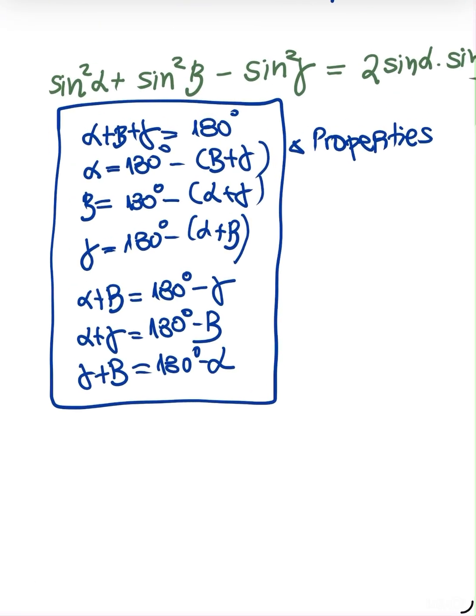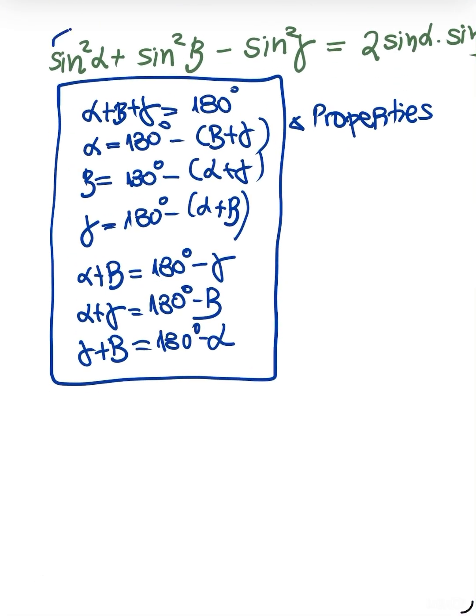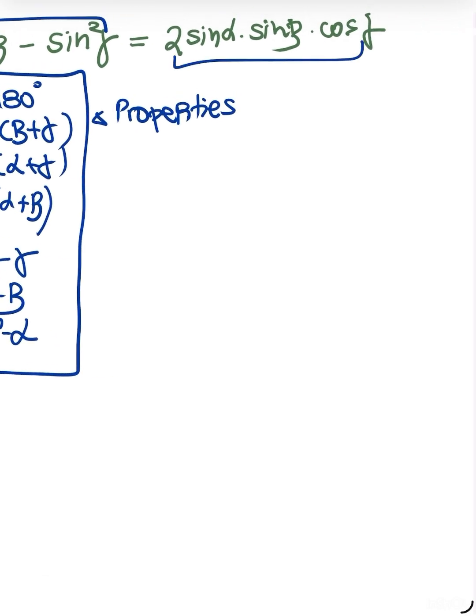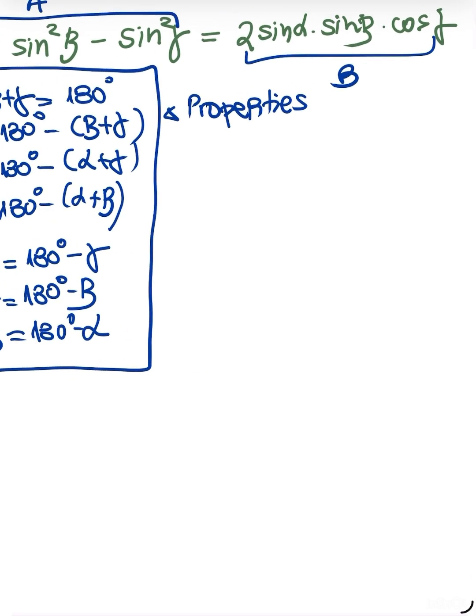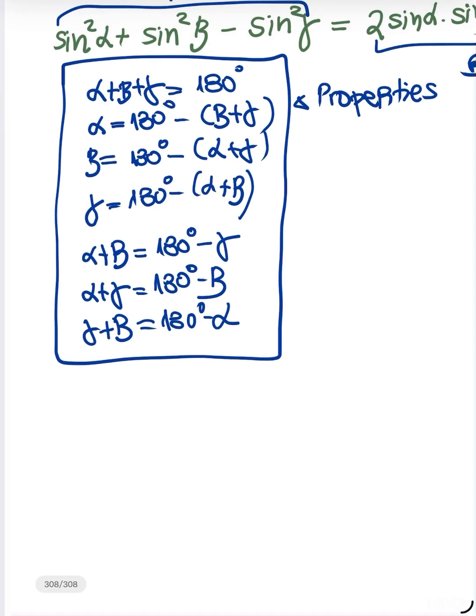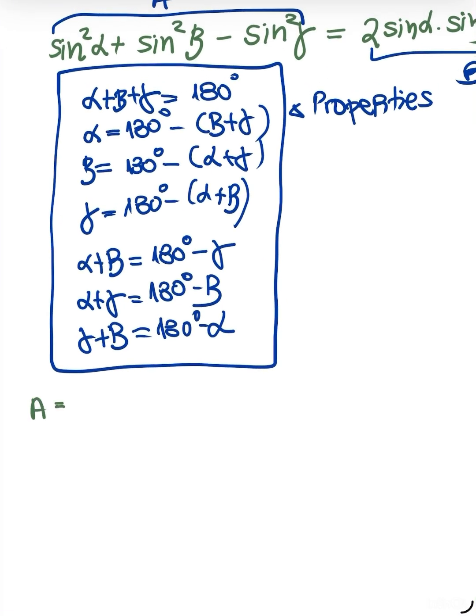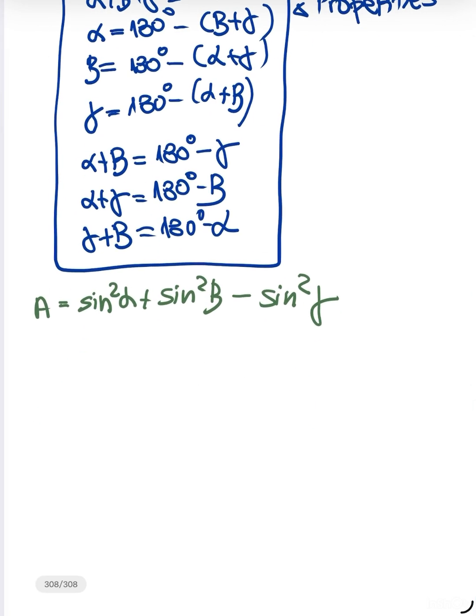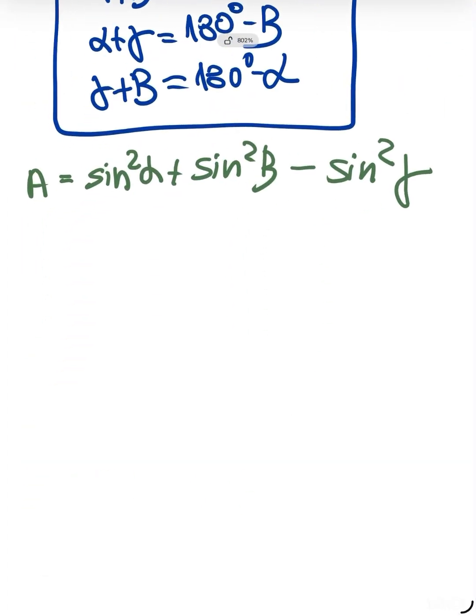Now that we have this, let's name our first identity A and our second identity B. That's how we are going to code them. We will solve only identity A independently, and we're going to prove that it's equal to identity B. So start with this.